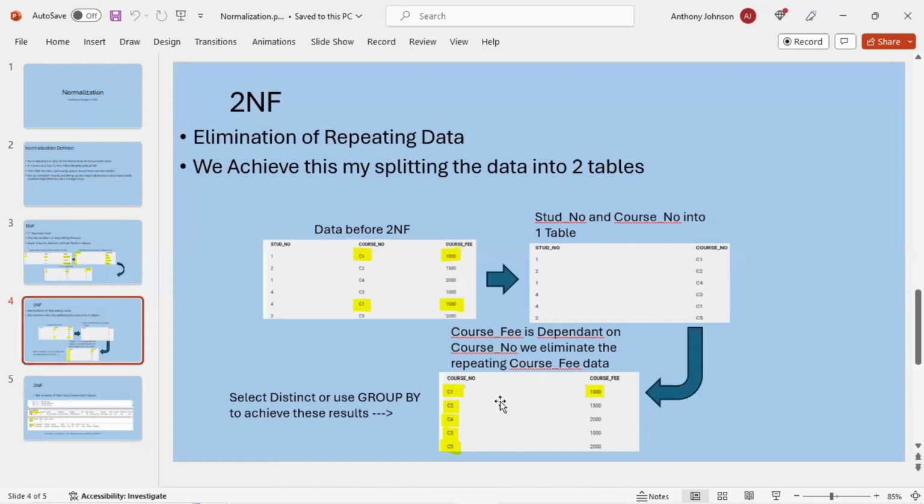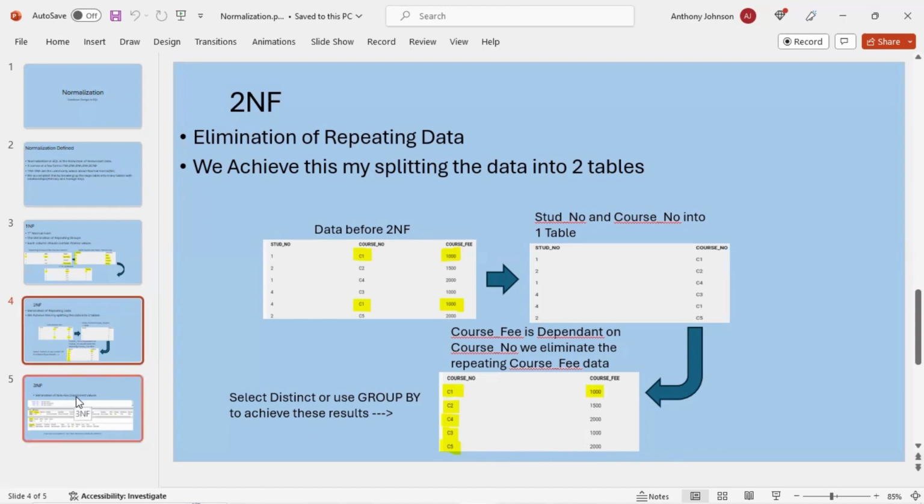Go to the third diagram, and as you can see, we have a courses table where each course number is its own unique identifier with the respective course fee prices. So as opposed to having course fee on the table, we would just have the course ID number.